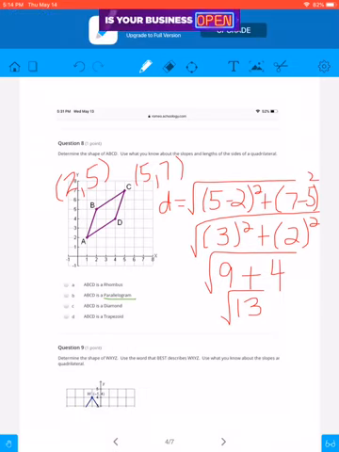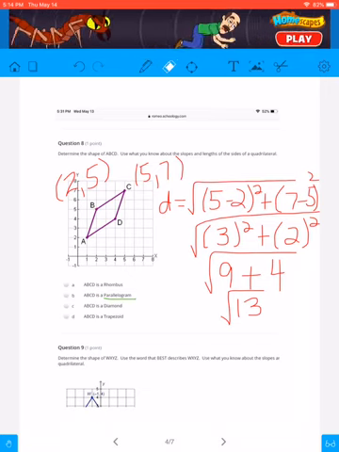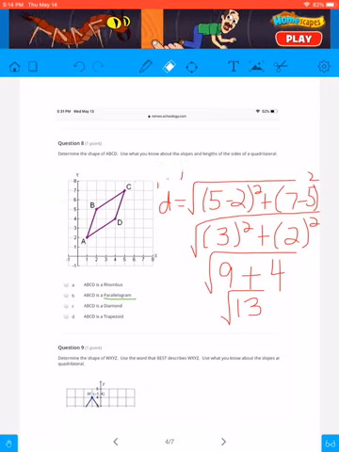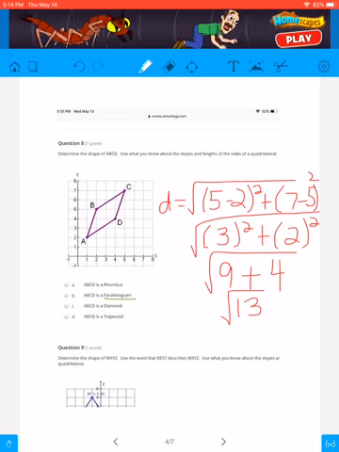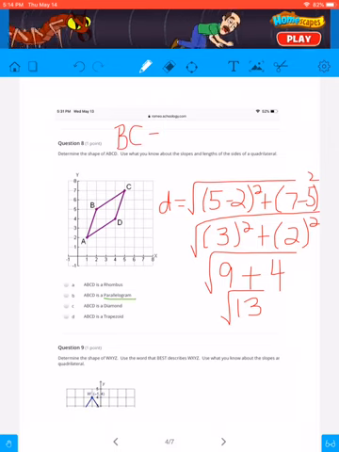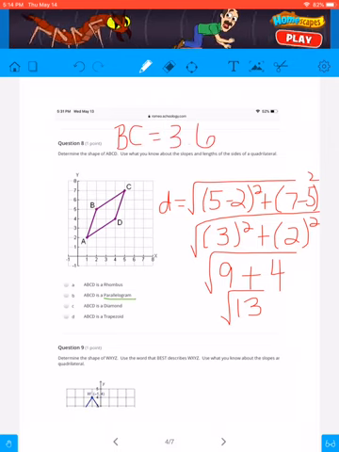So if we put that in our calculator, that's going to give us a decimal. So the square root of 13 is about 3.6. So that means the distance from B to C is 3.6.